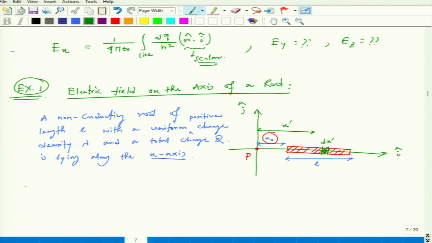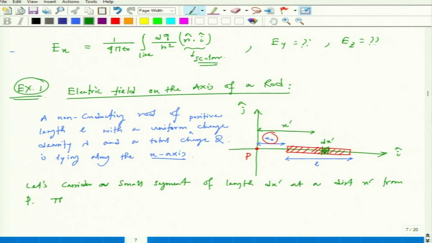So first let's consider a small segment of length dx prime at a distance x prime from P, and the amount of charge contained in this small segment dx prime is dq equals lambda times dx prime.